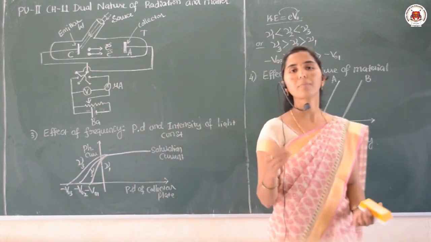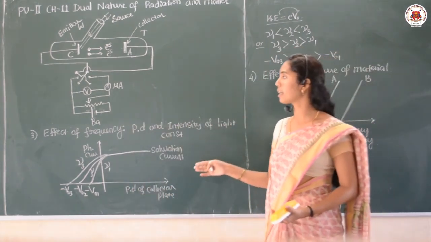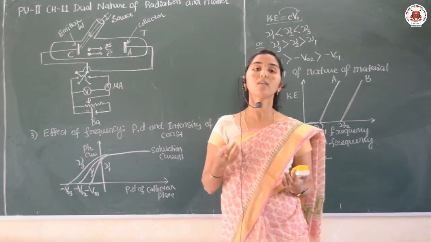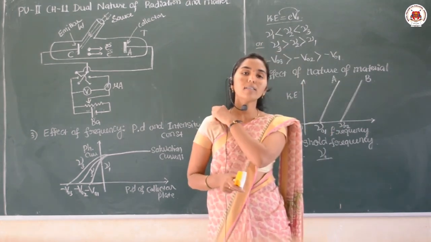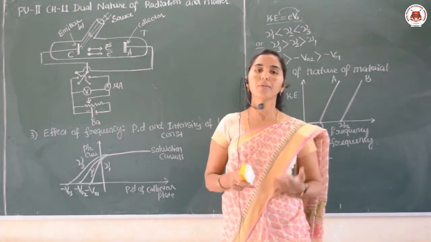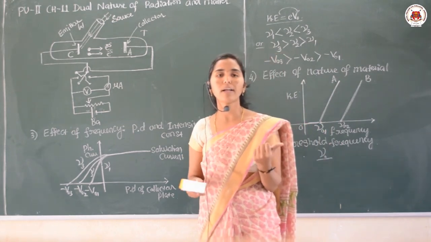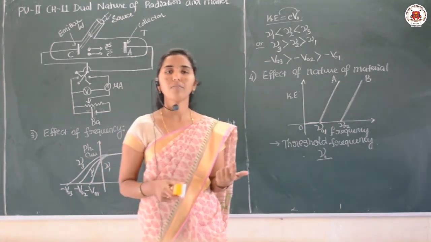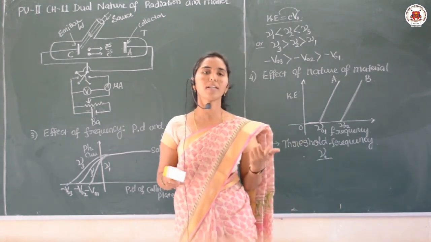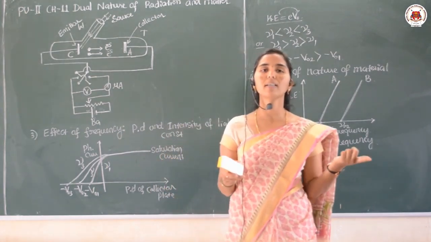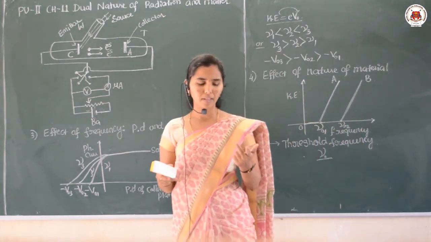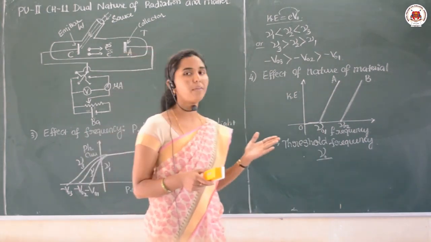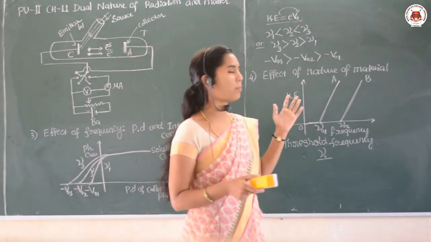Up to now, the points we discussed were everything related to the photoelectric effect and the factors which affect the photoelectric current. The first factor is the intensity of incident radiation. The second factor is the effect of potential difference of the plates A and C, the next one is the effect of frequency, and the next one is the effect of nature of material.